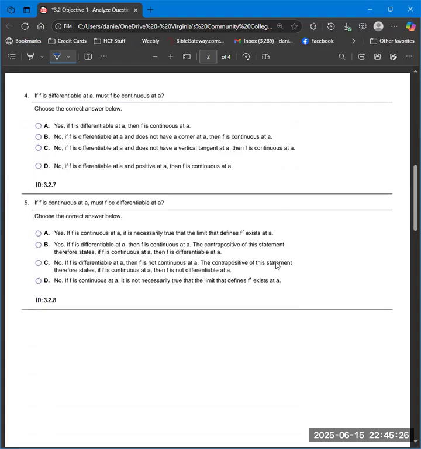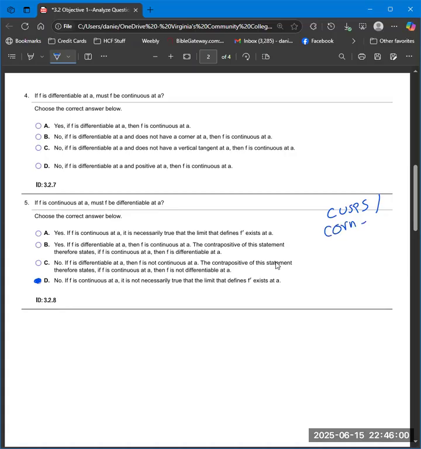Number 4, if f is continuous at a, must f be differentiable at a? No. We have things that we'll call cusps later. I think this book calls them corners. So if f is continuous at a, it's not necessarily true that the limit that defines f prime exists at a.